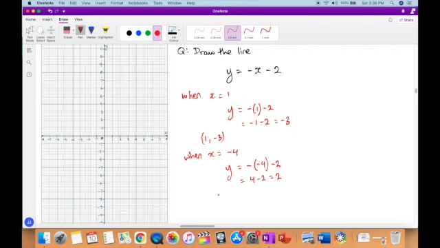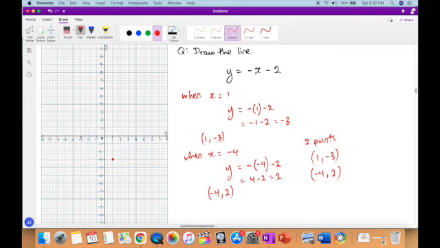Therefore when x is negative 4, y is positive 2. So I have my 2 points: 1, negative 3, and negative 4, positive 2. So let's go with 1, negative 3 is about 2.